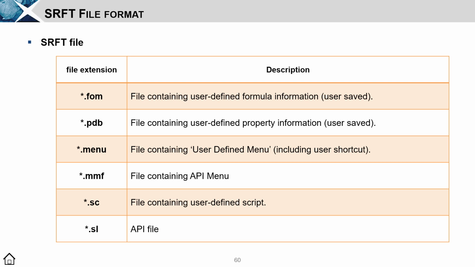The extension menu file is a user menu information file defined by the user including shortcuts. The extension MMF file is a user-defined API menu file. The extension SC file is an SRFD-only macro script file. The extension SL file is an API file.